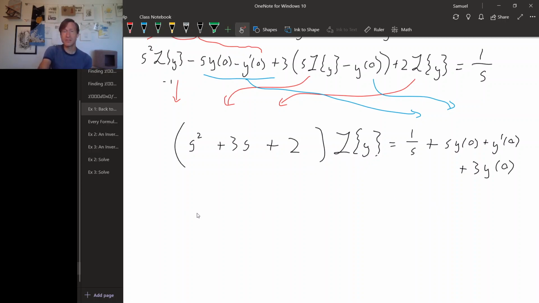And then finally, it looks like we can solve for the Laplace transform of y just algebraically.